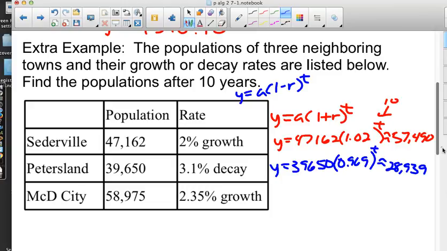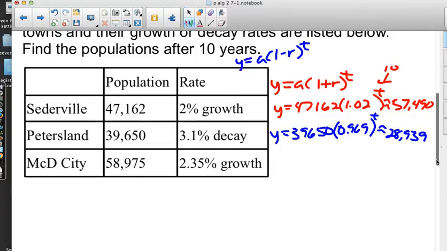McD City, growth. So 58,975. 2.35% growth.